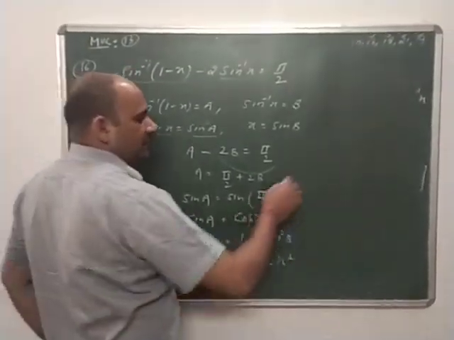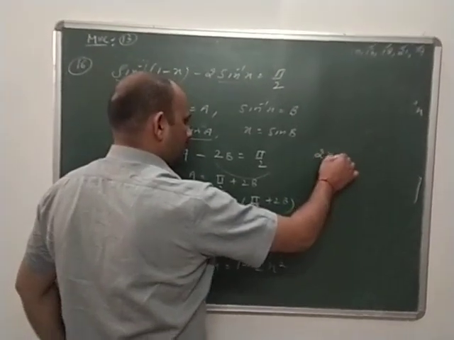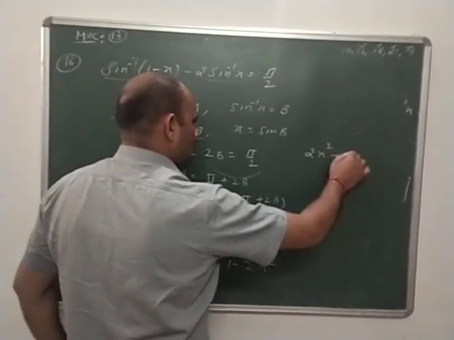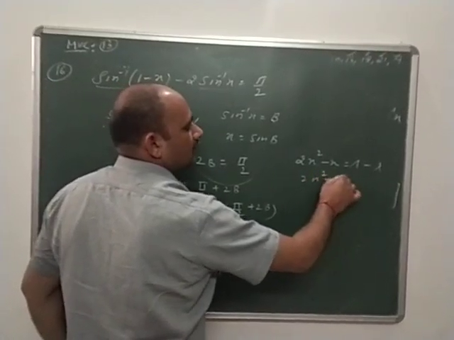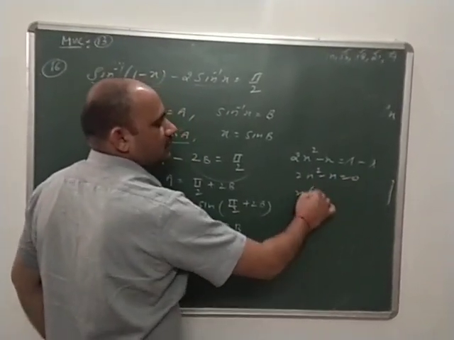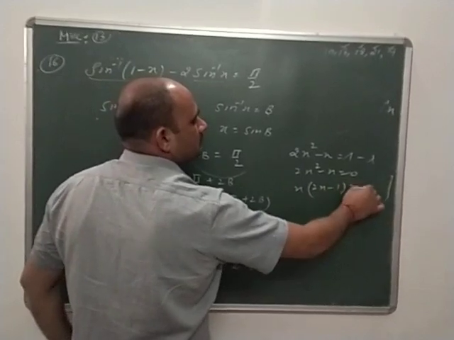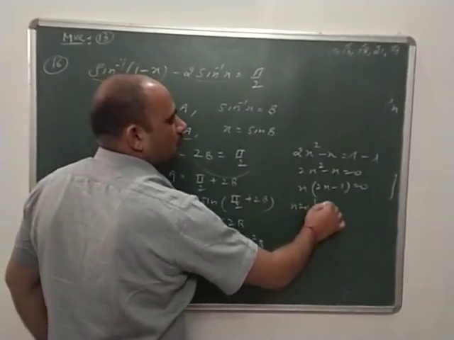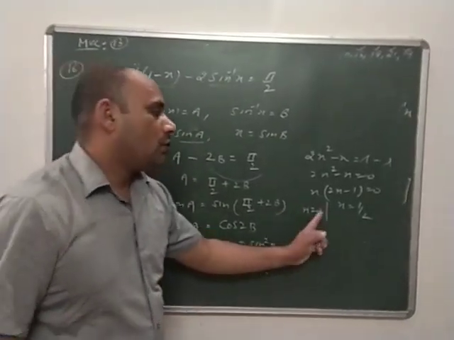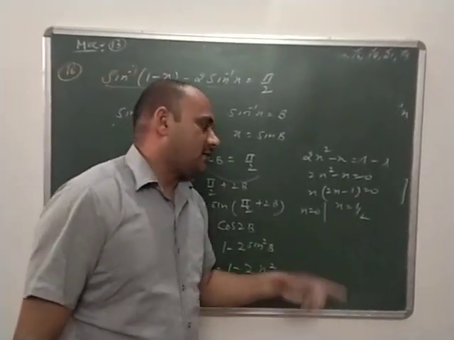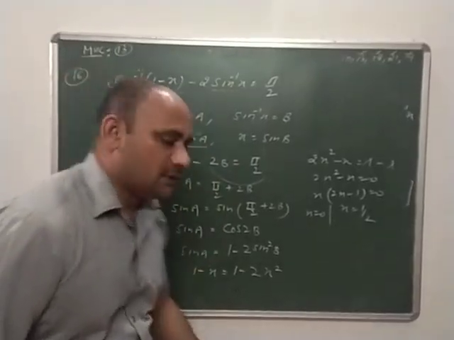Transposing to the left side, 2x square is positive, and 1 minus 1 cancels, so 2x square minus x is 0, x is common. So either x is 0 or x is half. Now you select which value satisfies this question.